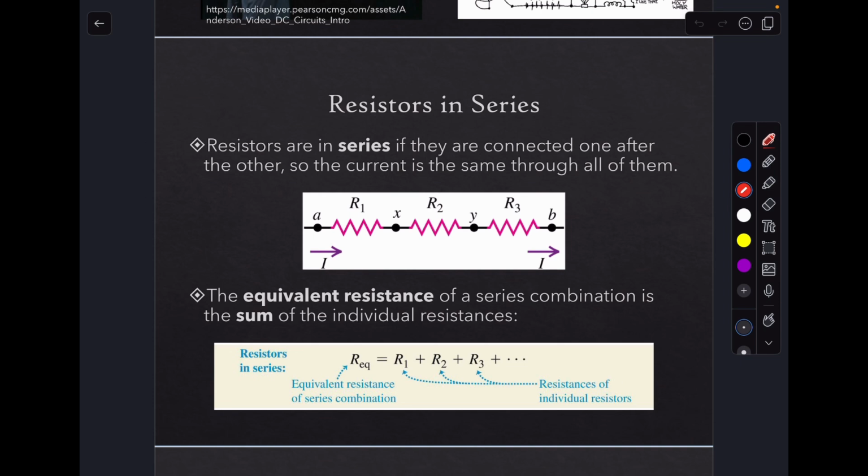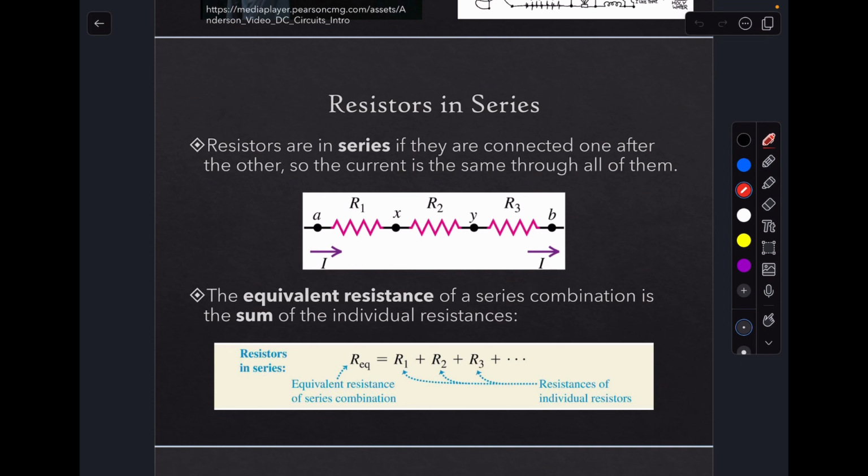In the same way, we're going to analyze the two different ways that you can connect objects with two branches. Remember, capacitors also had two arms or branches, a positive side and a negative side. Well, resistors do too, and so we can connect them either in series or in parallel.